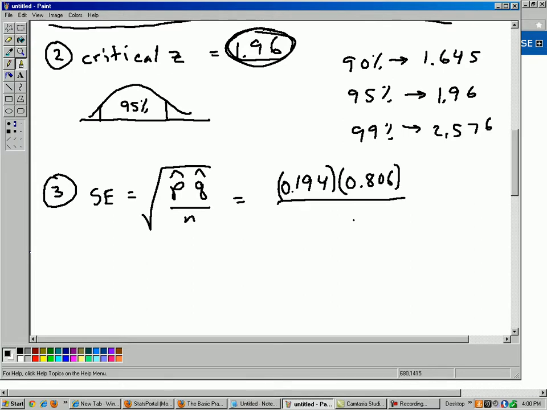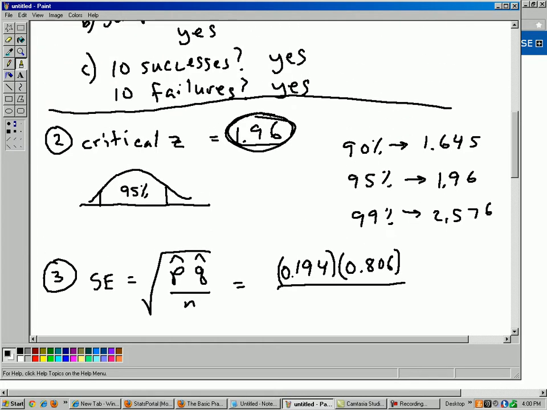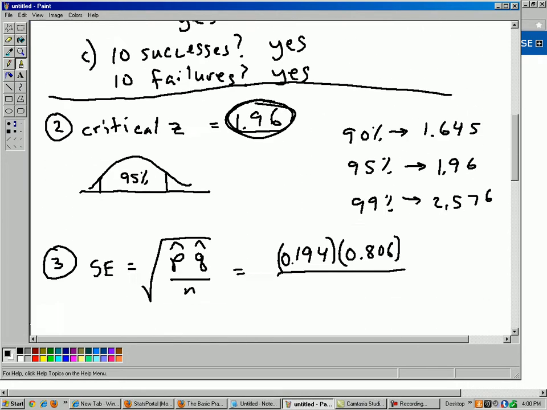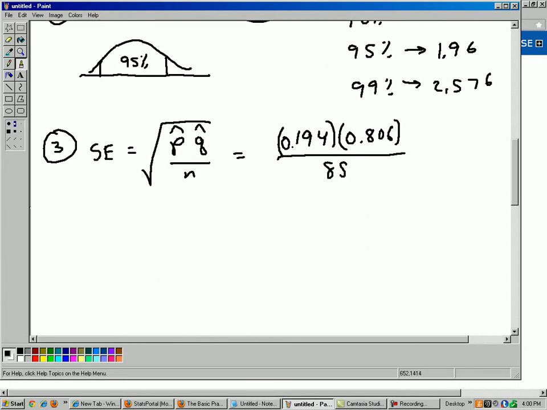Okay, divided by n. What is n? N is the sample size, which is 880 right there. Okay, take the square root of the whole thing.